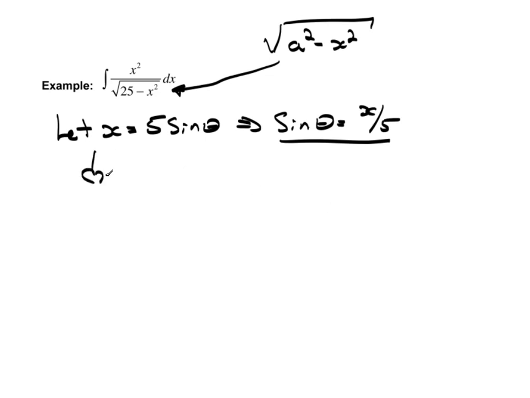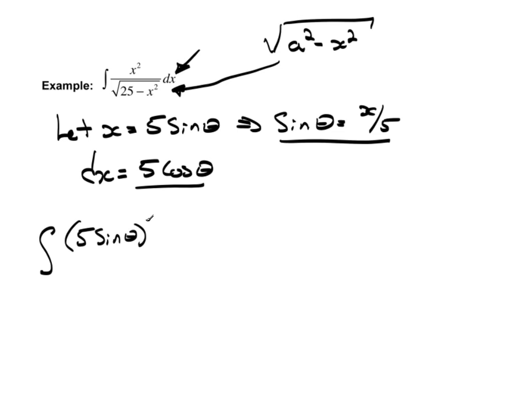Now dx will be 5 cosine theta d theta. This is important because I will need to substitute that in for my dx. So what I have when I substitute all this stuff back in is the integral of x squared, but x is 5 sine theta. So this is 5 sine theta squared.